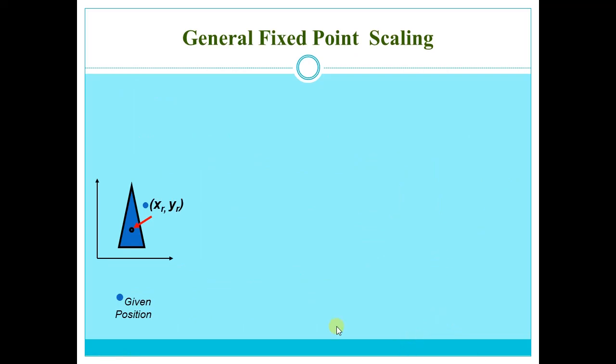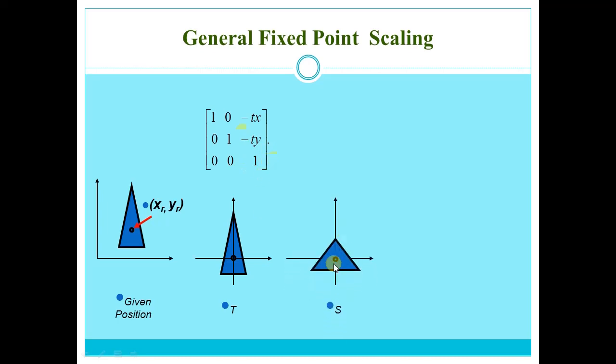So graphically, first of all, translate this pivot point to the origin. You will get this type of triangle. After translation, you can apply the translation matrix, followed by scaling, because you are enlarging or reducing the size of the triangle about this origin.